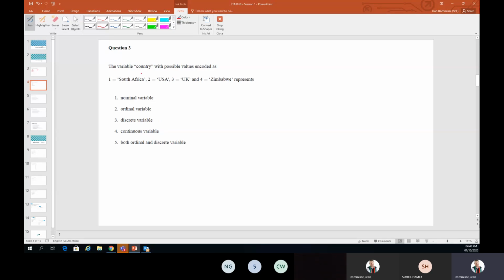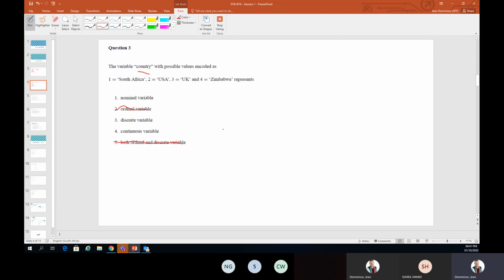Now we're sitting with a 1 to 4 scale, but it is different countries. So it is not ranking. We know ranking is ordinal, so it's definitely not that one, and it's definitely not that one. Then the options are: is it nominal, is it discrete, is it continuous?